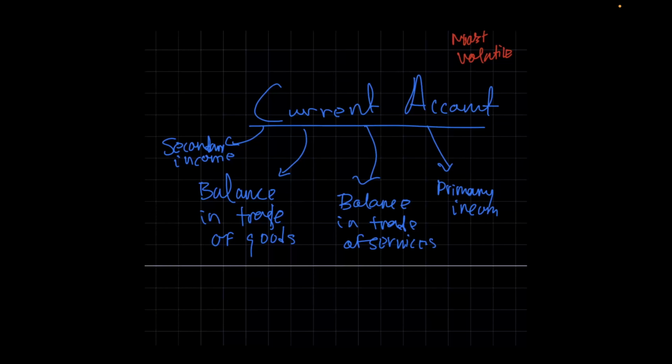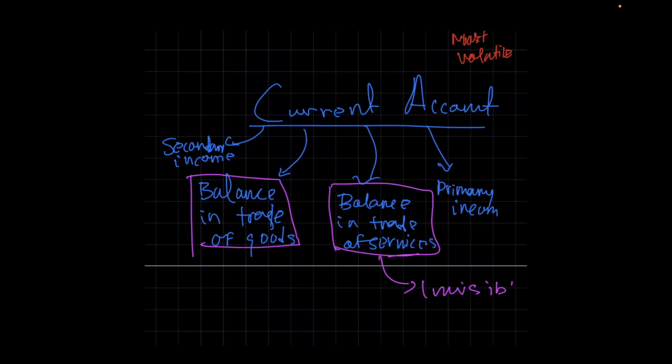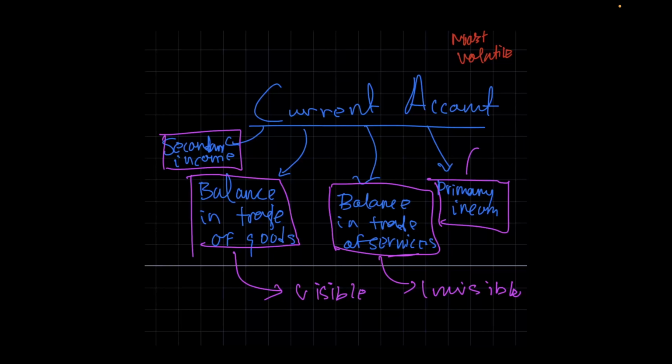So balance in the trade of goods basically means the goods are tangible products, services are intangible products. So this is invisible trade and this is visible trade, if that makes sense. And then we have the interesting factors. We have something called primary income and we have something called secondary income. So primary income basically means, if you remember from our diagram of the circular flow of income, you have something called factors of production and you have factor incomes which are paid for each factor of production.